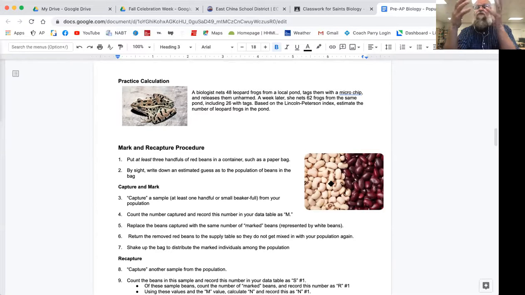Based on this Lincoln-Peterson index, that's the name of the formula, estimate the number of leopard frogs in the pond. So go ahead, take a moment and see if you can figure that out. Go ahead, give the math a shot. You need to know how to use the formula before we start the activity.